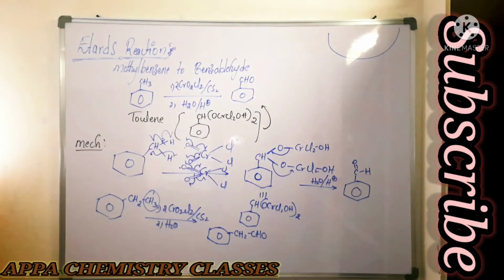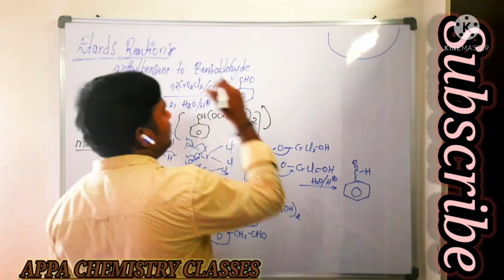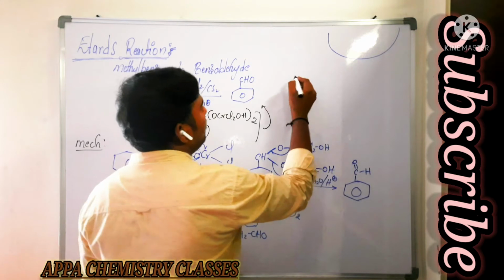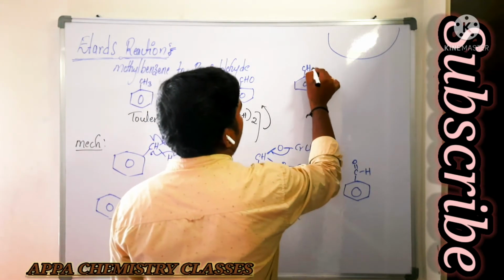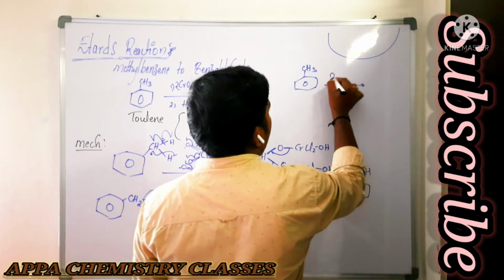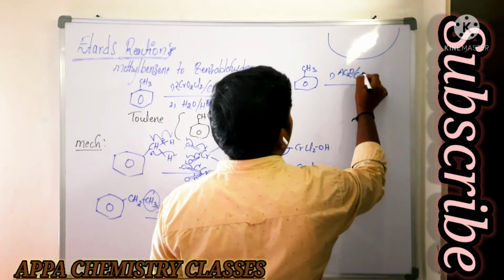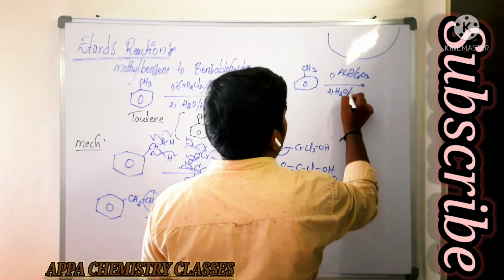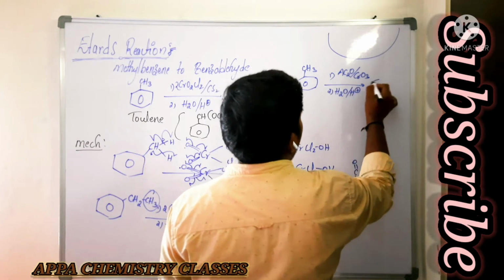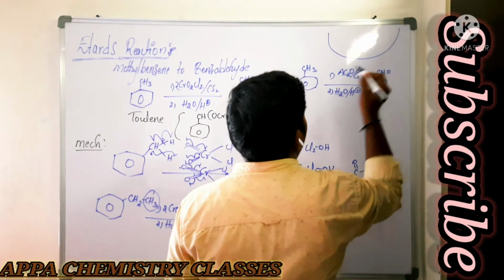Instead of chromyl chloride, you can also take acetic anhydride. This is methyl benzene. When it reacts with acetic anhydride, Ac2O, in the presence of chromic oxide, followed by hydrolysis in acidic medium, here also you are going to get benzaldehyde.